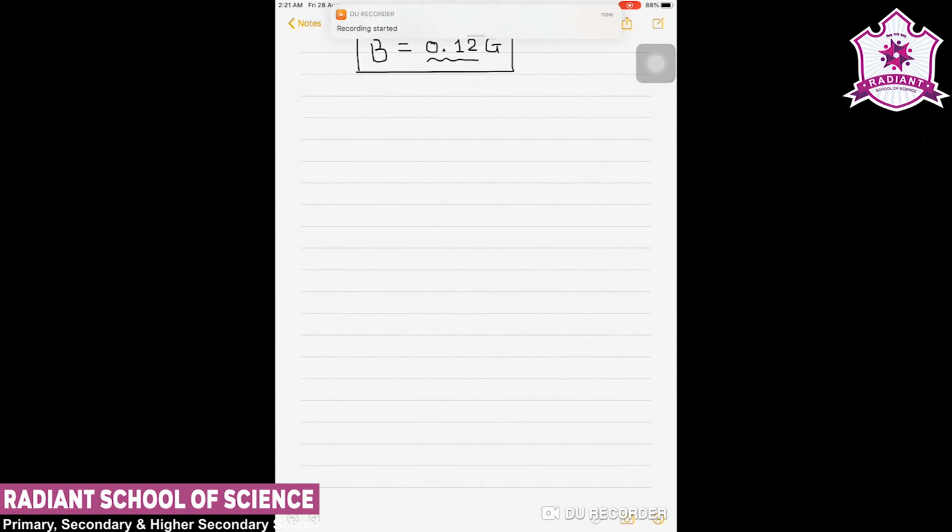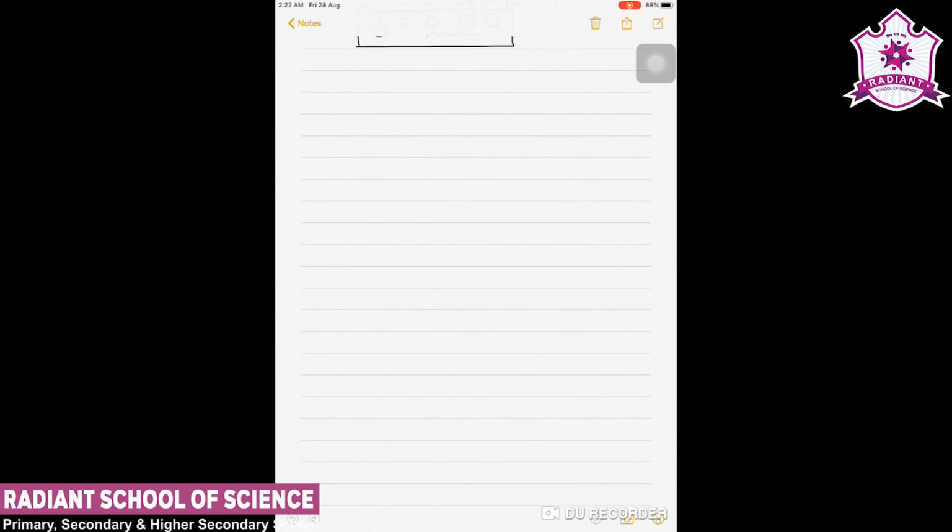Now we will see the next example, that is example number 5. What is given in example number 5? What is the magnitude of magnetic force per unit length on a wire carrying a current of 8 ampere and making an angle of 30 degree with the direction of the uniform magnetic field of 0.15 Tesla?